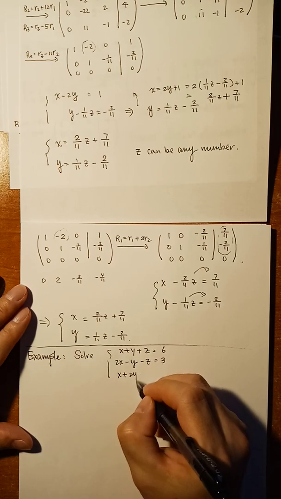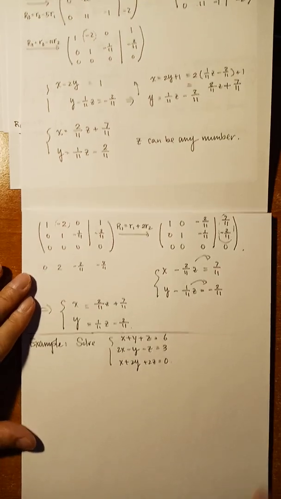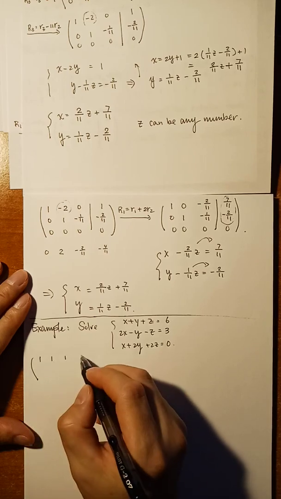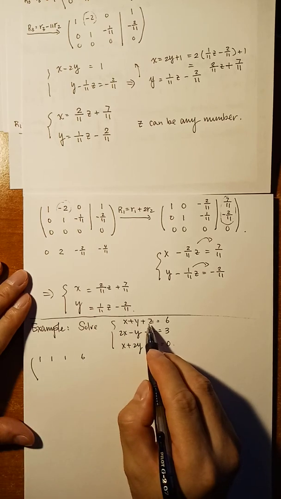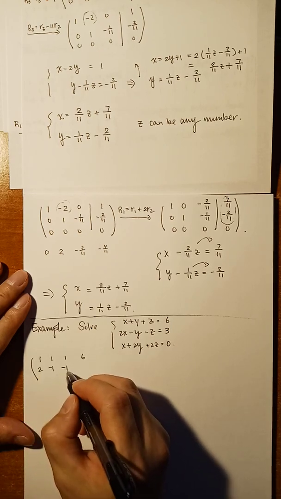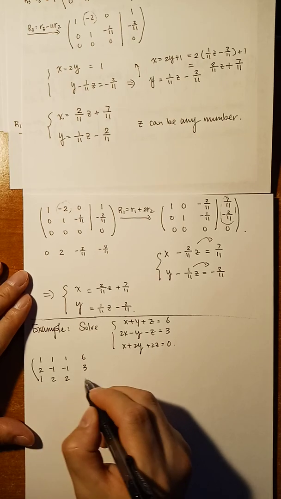X plus 2y plus 2z is equal to 0. Okay, let's first write down the augmented matrix: 1, 1, 1, 6. 2, -1, -1, 3. 1, 2, 2, and 0.